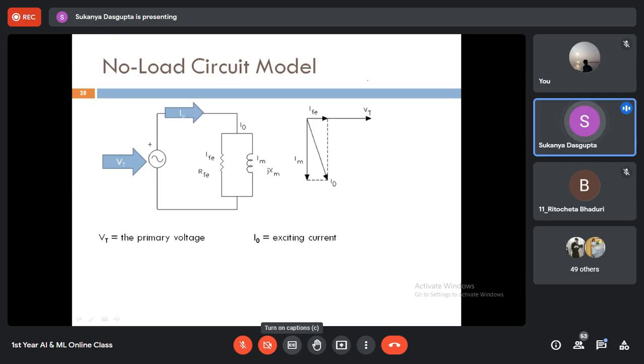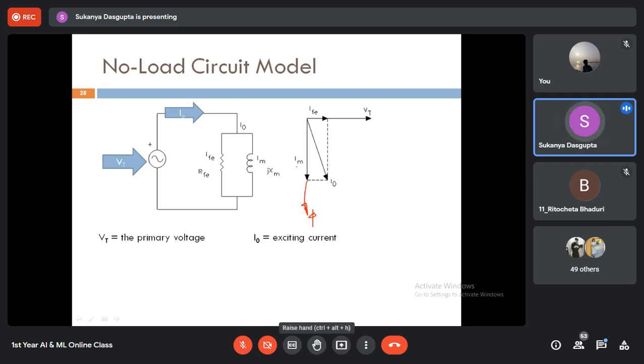Now look at this phasor diagram. This is your phi, the reference vector. To magnetize the core, or to maintain this phi always within the core circuit, a magnetizing current is required. So Im is associated with this phi, and it will be in phase with phi.